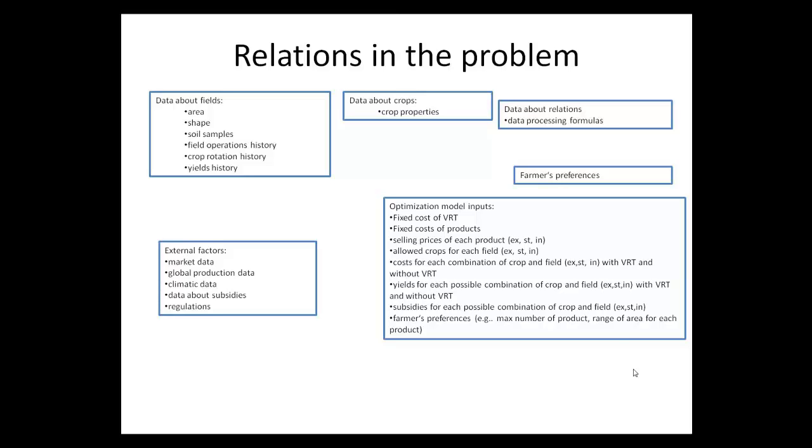The data which we are using are data about fields, data about crops, data about external factors, and data about relations, for example, data processing formulas. We also need farmers' preferences.